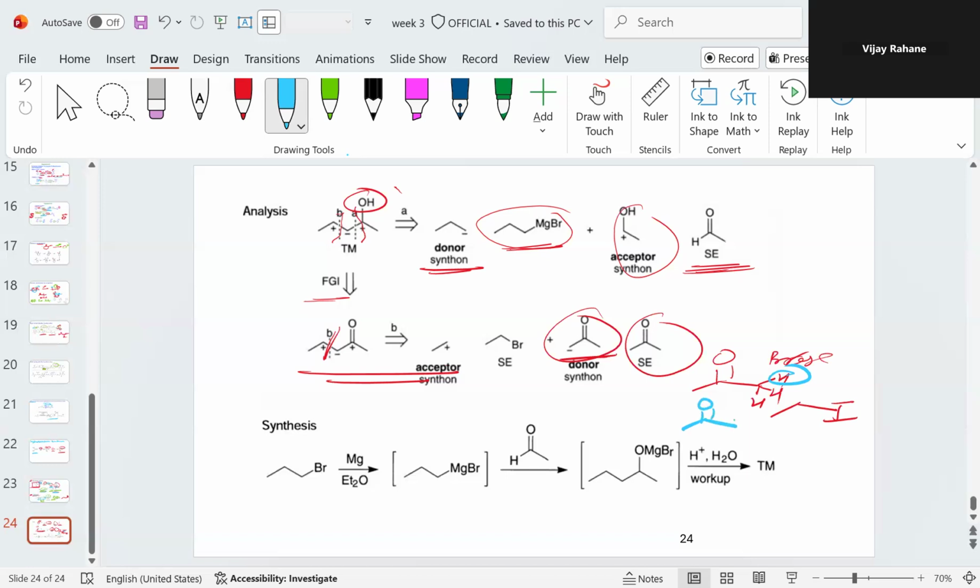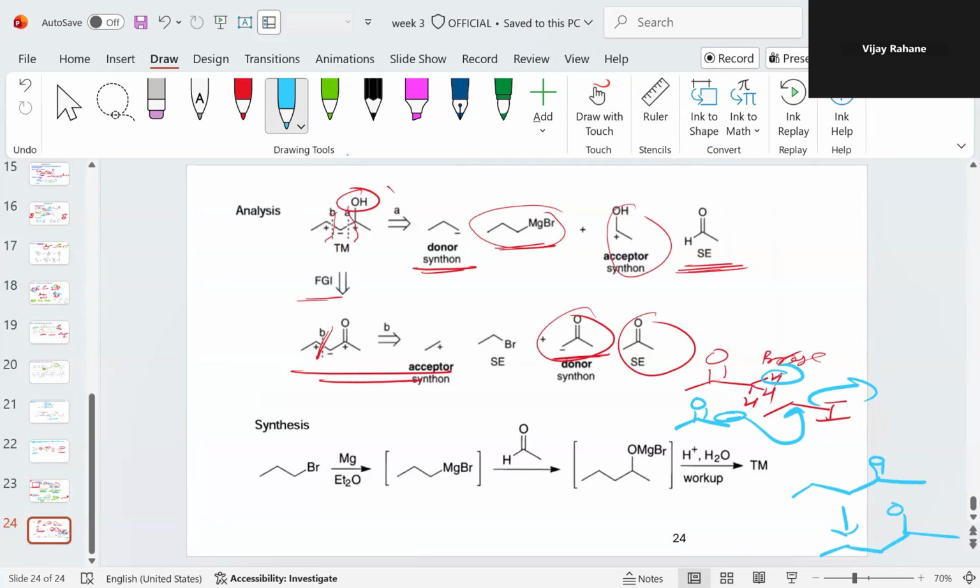It will be C double bond O negative, sorry, C negative, and this negative can attack this position. Iodide can eliminate, and we get the product. And then if we do the reduction of this carbonyl, that will be our product, right? Or the target molecule.